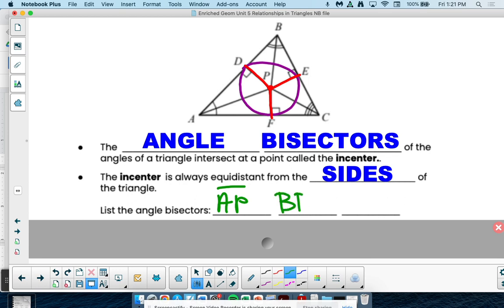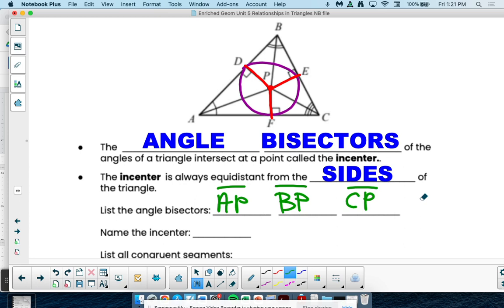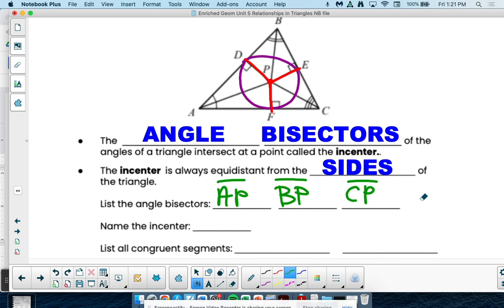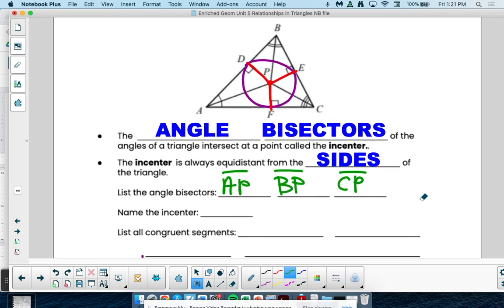BP and CP. Those are all your angle bisectors. Okay, what's our incenter? P.